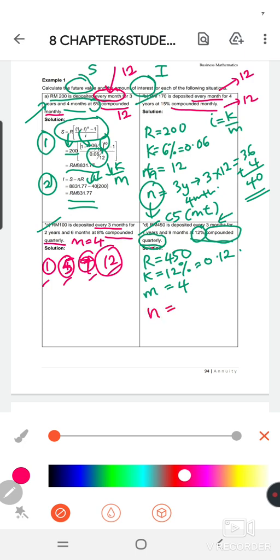And then N. How many times is N? The way we see it is by looking at this value: 1 year 9 months. 1 year means 12 months, plus 9, so this is 21 months. So your N equals 21.